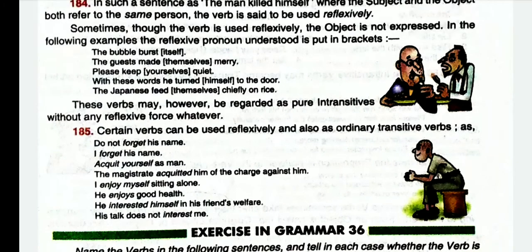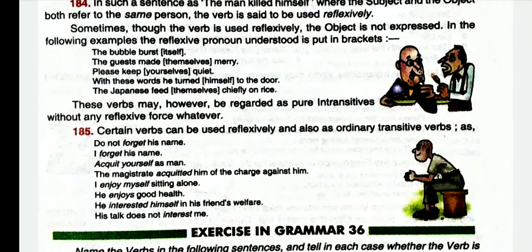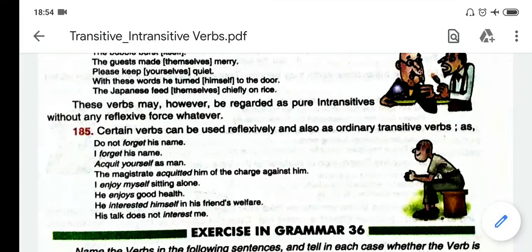I enjoy myself sitting alone. Again, in this case, I, the subject, and myself, the object, are the same. Whenever the subject and object are the same people, we will say that it is a reflexive pronoun.